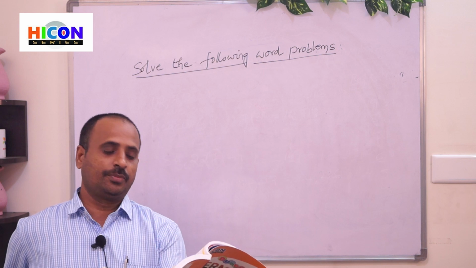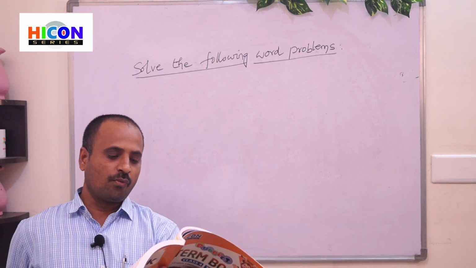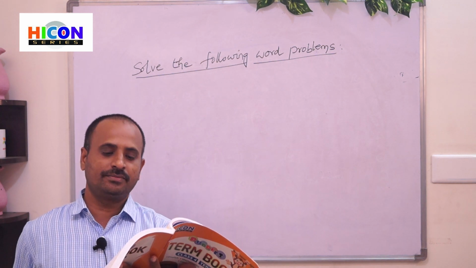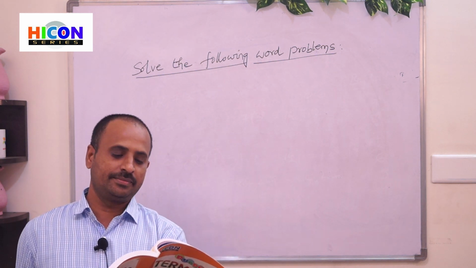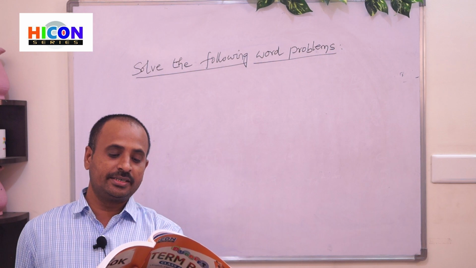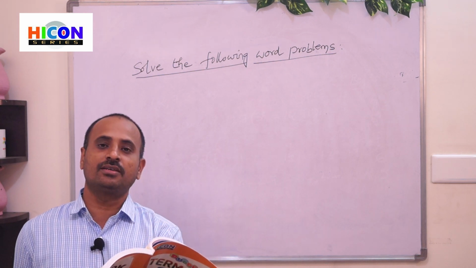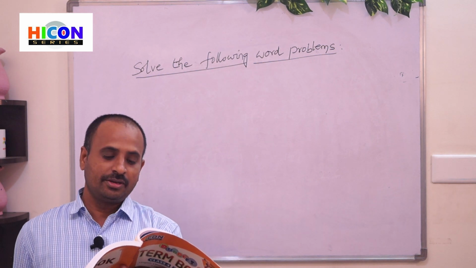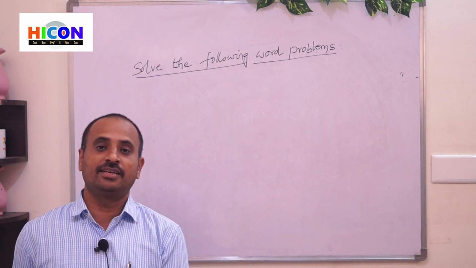The first problem is: you want to distribute sweets for your class on your birthday. There are 36 children in your class. How many sweets will you take rounded to the nearest 10?